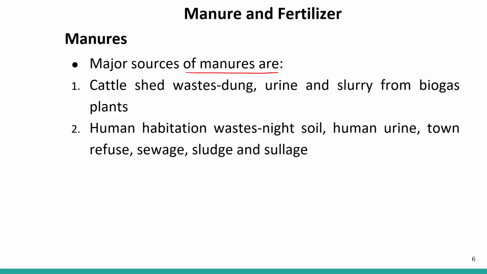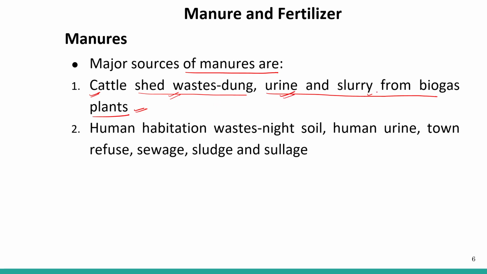Major sources of manure are cattle shed waste, dung, urine and slurry from biogas plants. So we have cattle, and their dung, that is the waste of the cattle, can be used to make manure.